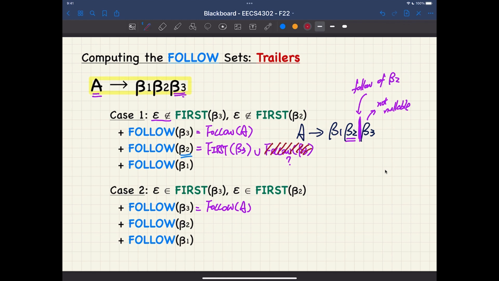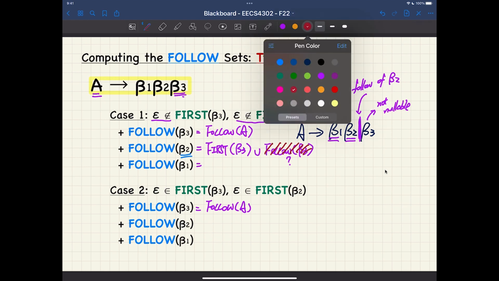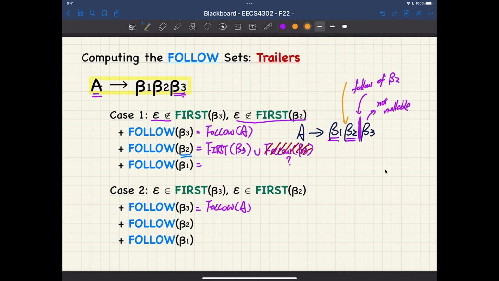Okay, let's now go a little bit further. What about if we want to calculate the follow of beta 1? Okay, and we're assuming that beta 2 also is not nullable. That's also something we assume. So beta 2 over here is also not nullable.